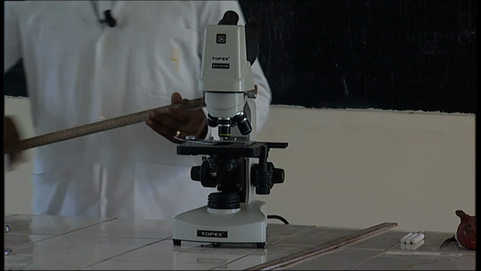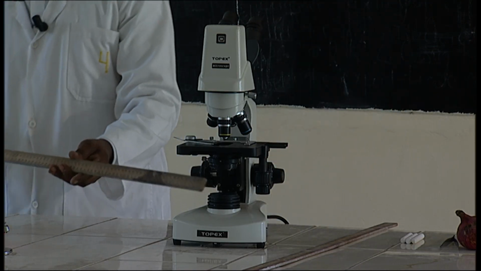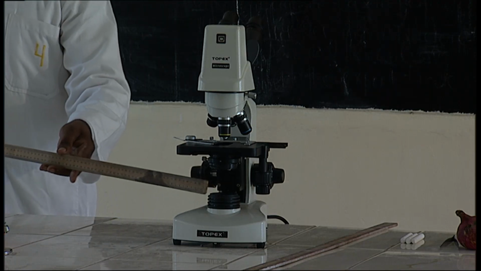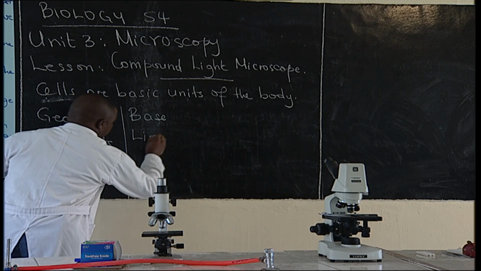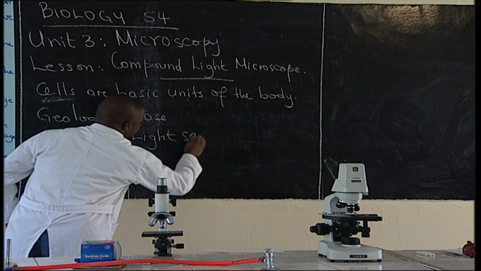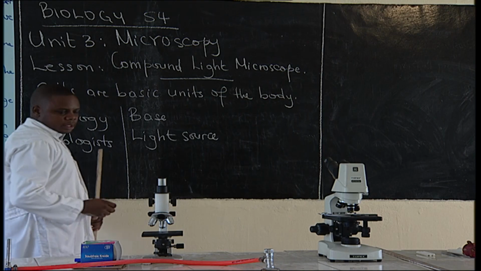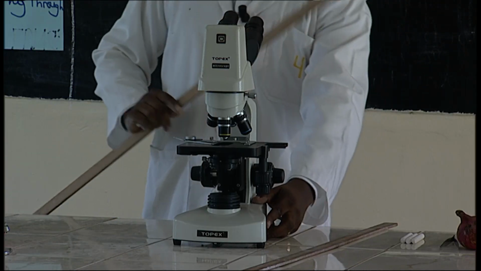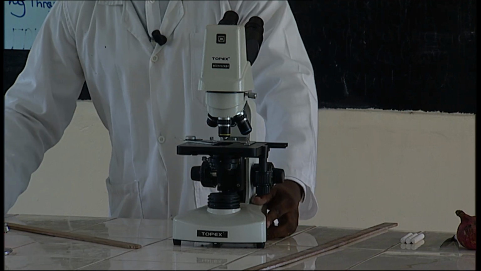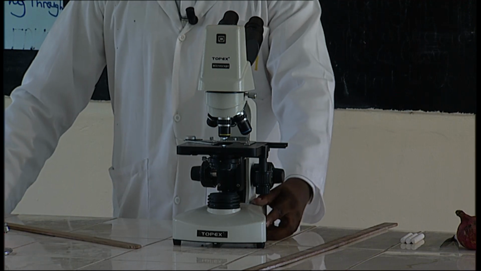We also have what we call light source. When you see here, this one is the light source. And on the side, we have the switch, which means I can switch it on. I can also switch it off.